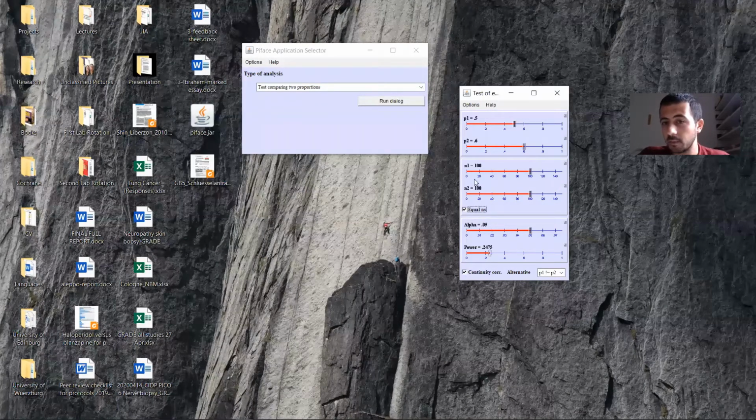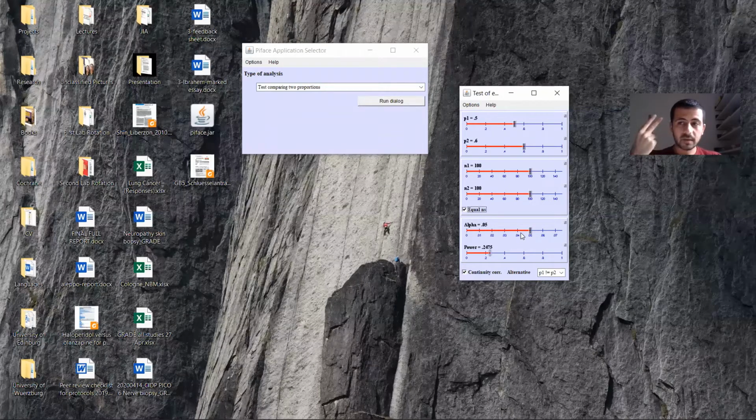Remember, if the difference is 10% and the number is 100 in each group, my power is 24%. I don't think you can estimate that. I have 200 participants and the difference is so huge, it's 10%, and my power is just 24. This is really small.